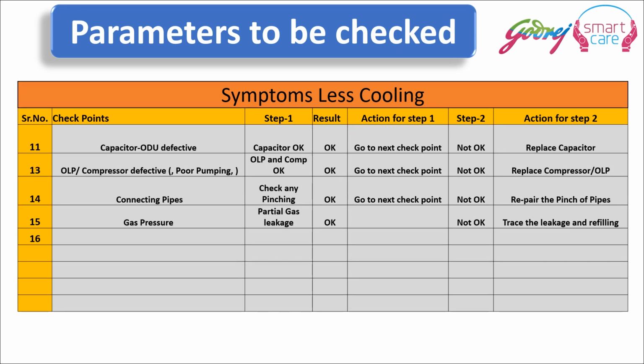Check for the capacitor ODU defective. If the capacitor is okay, proceed; if there is a problem with the capacitor, we have to replace it. Then check the OLP or compressor defective for poor pumping. If there is a problem with the compressor, we have to replace the compressor.